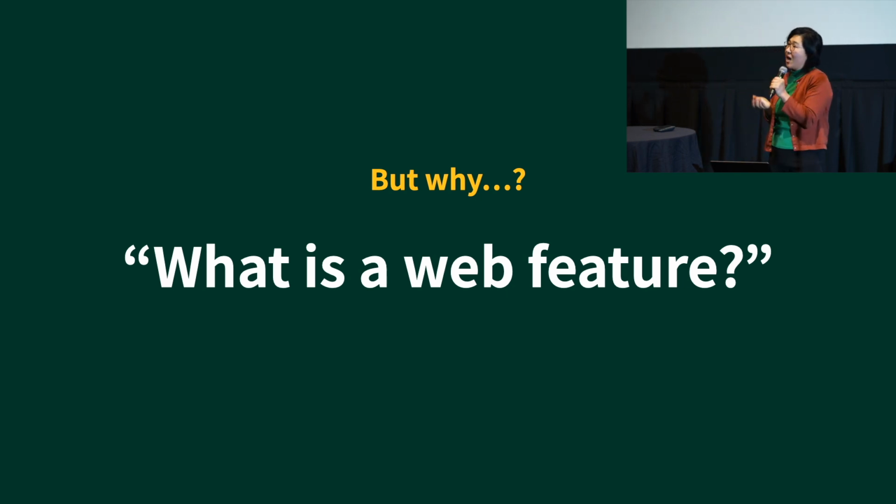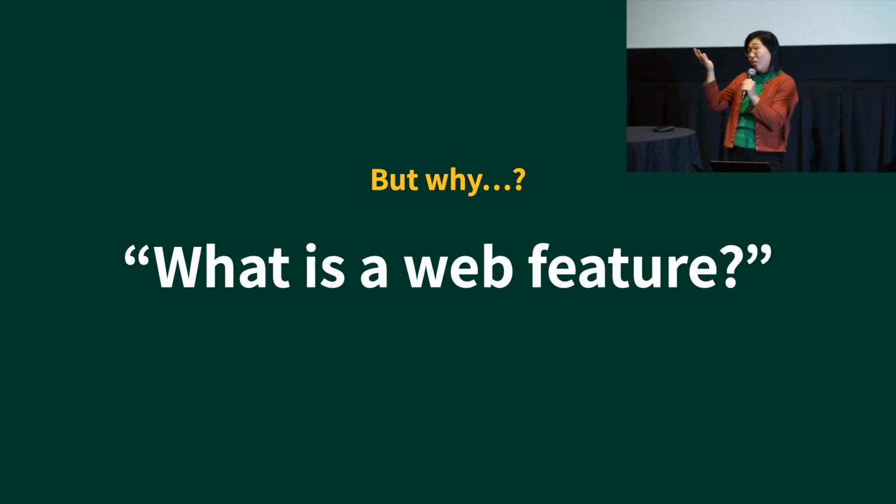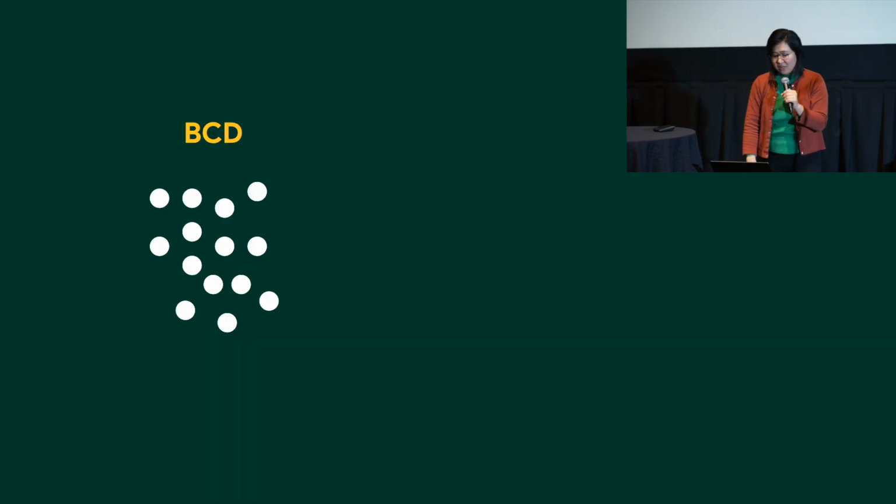But what if you say list, right? Should the OL tag be one feature and the LI tag be another feature, or should they both be combined as one feature? Or like JavaScript built-ins. Should Math.cos be one feature and Math.round another feature, or should the Math object as a whole be one feature? Somebody needs to make a mental decision about what is a web feature, right?